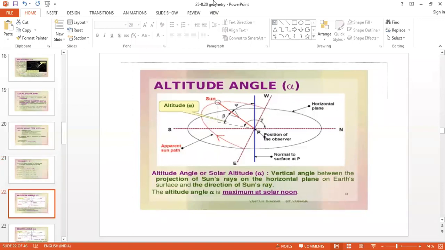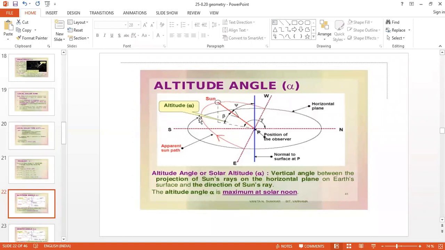Altitude angle is also known as solar altitude, and it is defined as the vertical angle between the projection of sun rays on the horizontal plane on Earth's surface and the direction of the sun's rays. The altitude angle is maximum at solar noon.